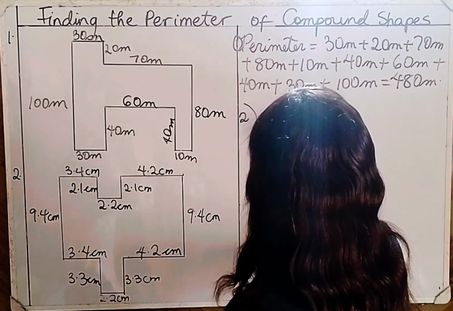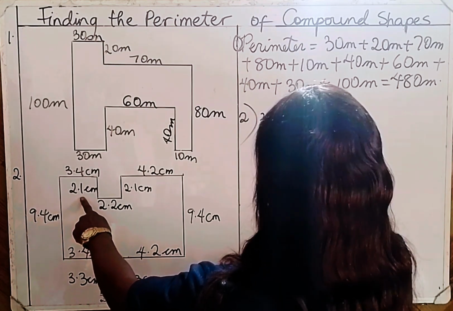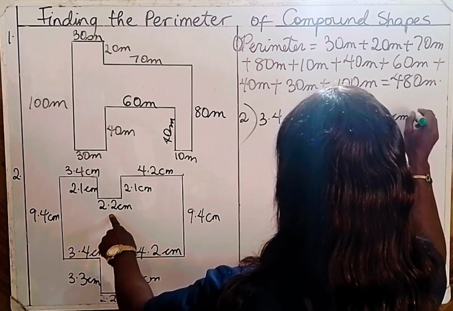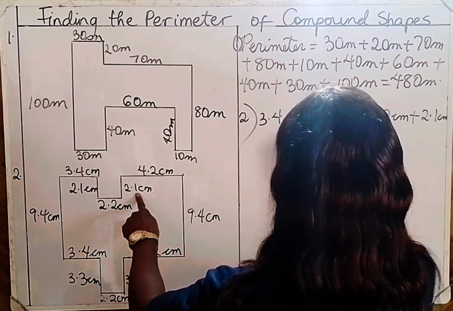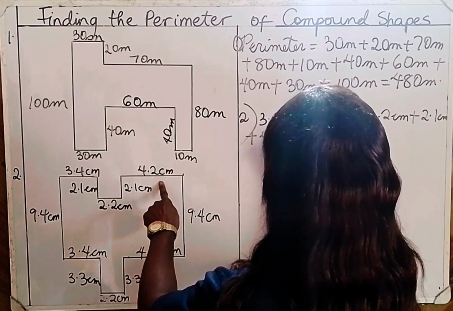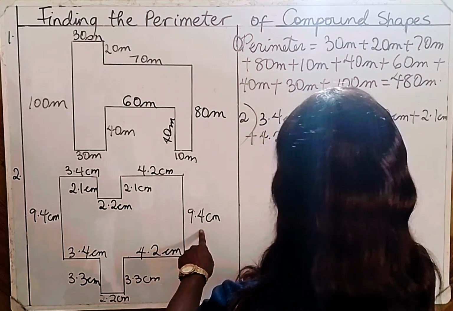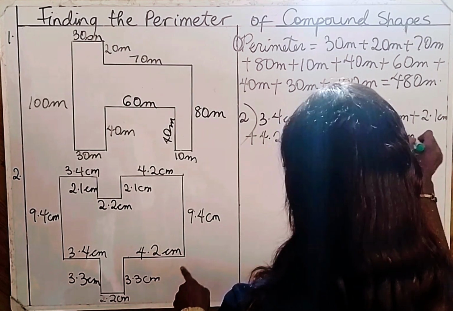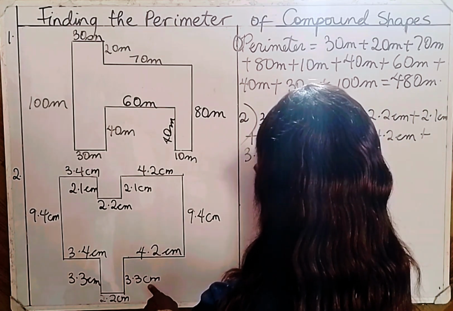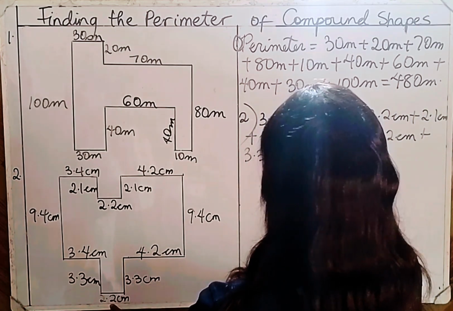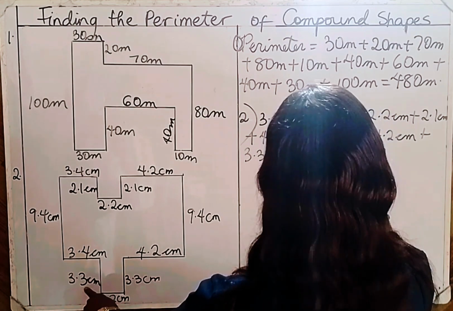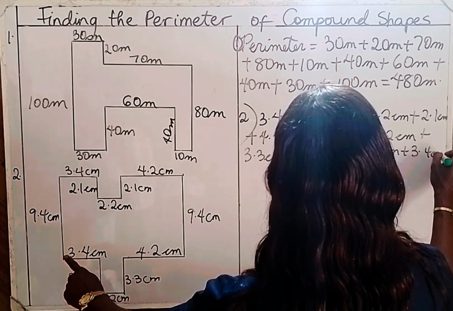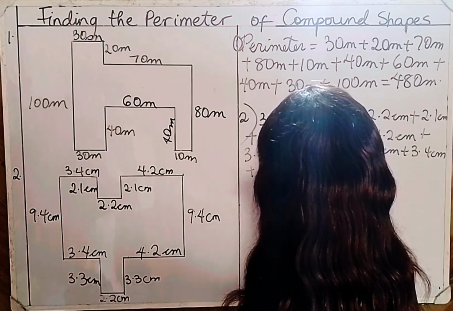We'll start from 3.4 centimeters plus 2.1 centimeters plus 2.2 centimeters plus 2.1 centimeters plus 4.2 centimeters plus 9.4 centimeters plus 4.2 centimeters plus 3.3 centimeters plus 2.2 centimeters plus 3.3 centimeters plus 3.4 centimeters and plus 9.4 centimeters.